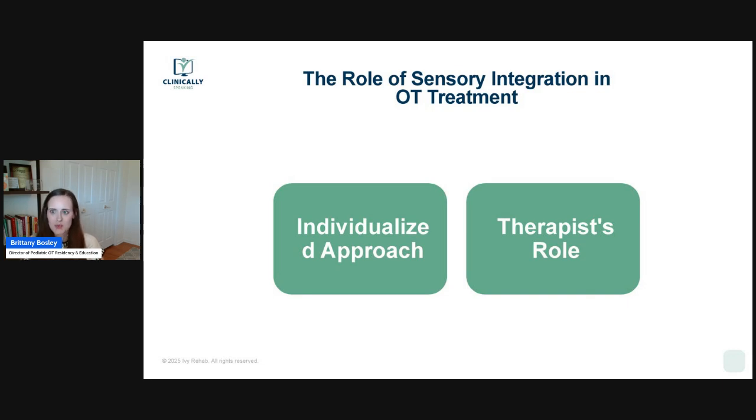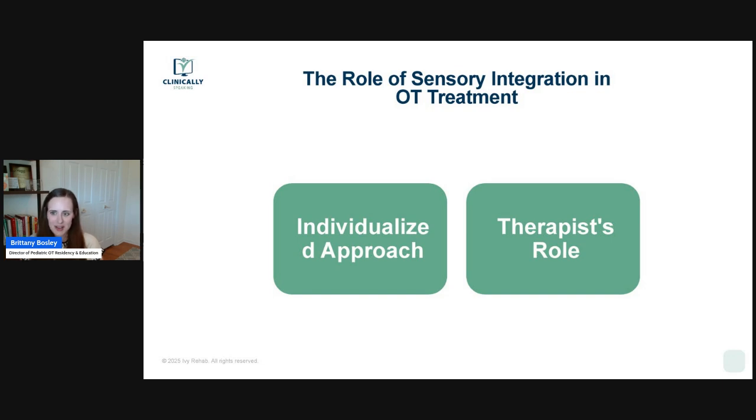Occupational therapy is one of the most effective interventions for managing sensory processing difficulties. OTs use sensory integration techniques and strategies to help children process sensory information more effectively and to develop strategies for self-regulation. There are really two main parts of sensory integration treatment in the OT outpatient setting.